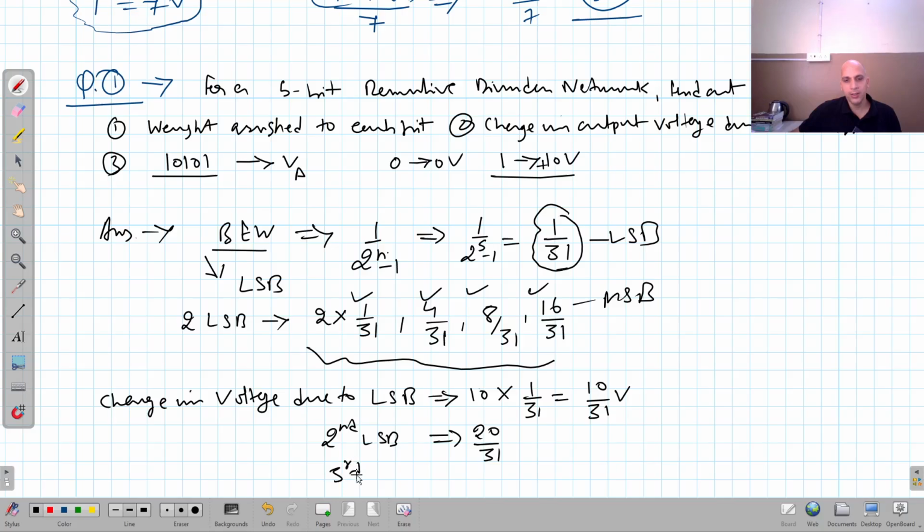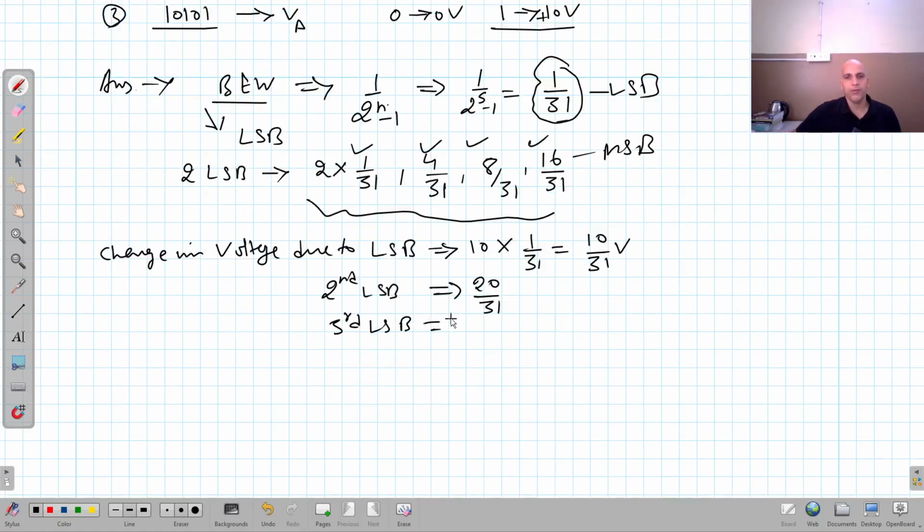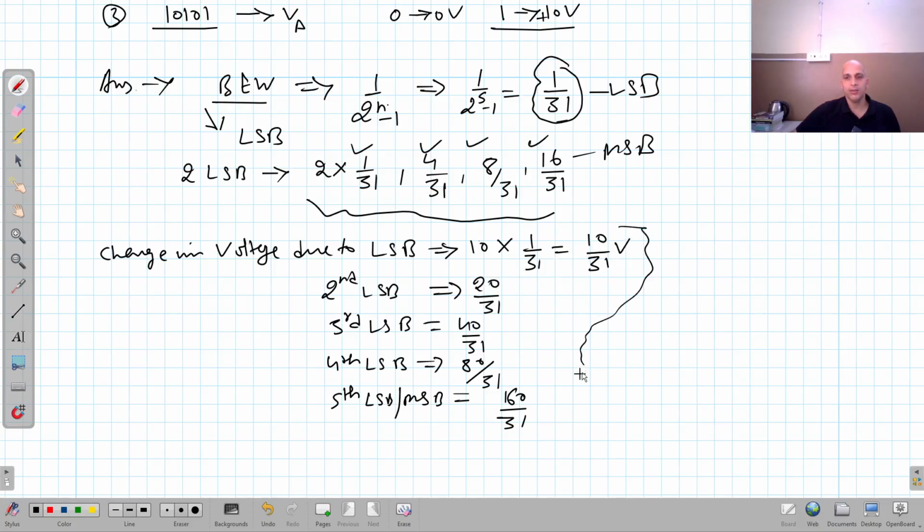For the third, 4 means 40 upon 31. Fourth, 80 upon 31. And fifth, the MSB, it will become 160 upon 31. This is the change in voltage due to all these 5 bits.